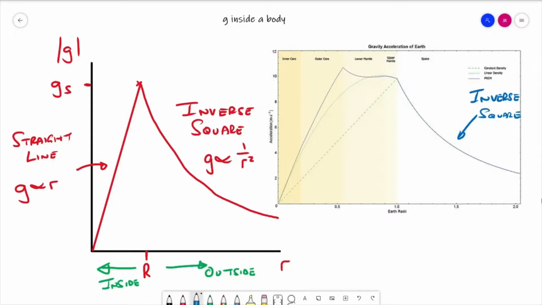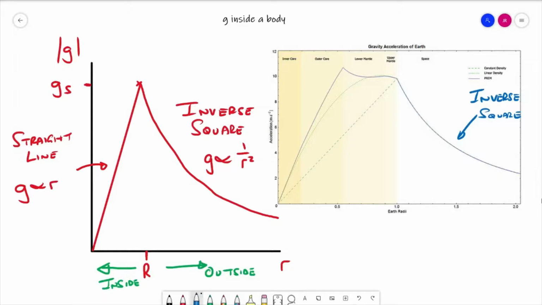And you can see that there are two other models suggested. Firstly, in the finer dotted green line is what they refer to as linear density. So in other words, the density is a linear relationship with the distance as well. And then the solid blue line is a more representative idea of how it would really work.